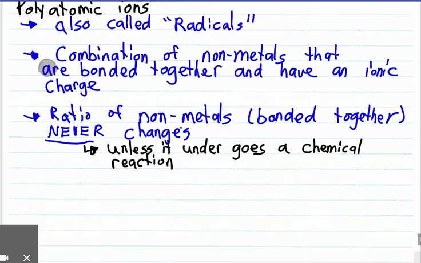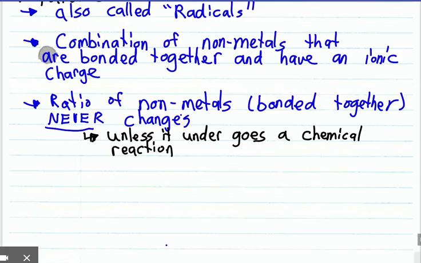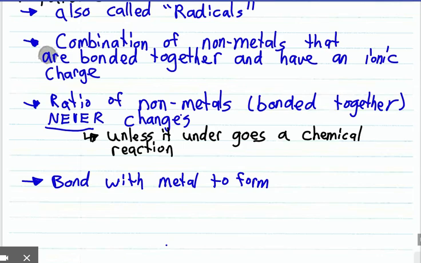The other thing to note about our polyatomics is that because they carry a negative ionic charge, they can bond with a metal to form what we call a polyatomic compound.